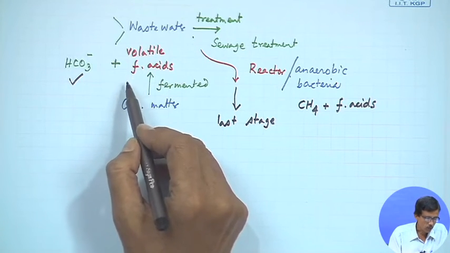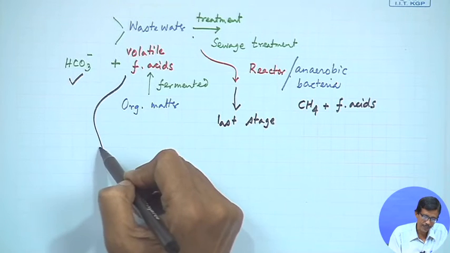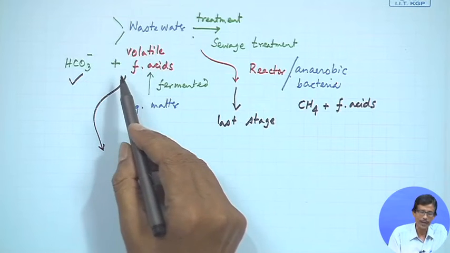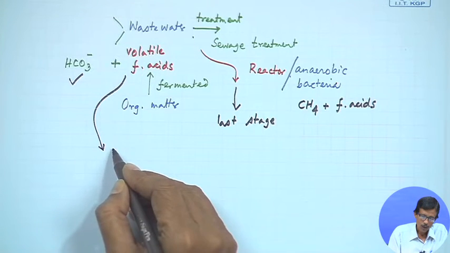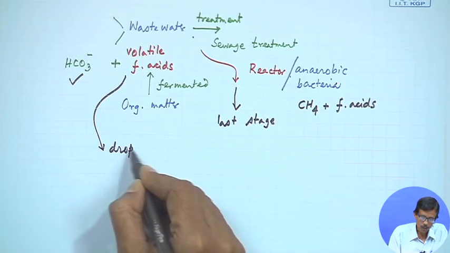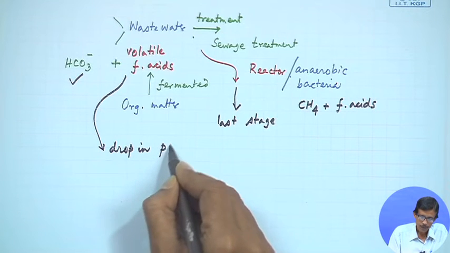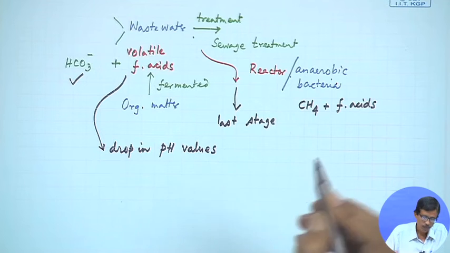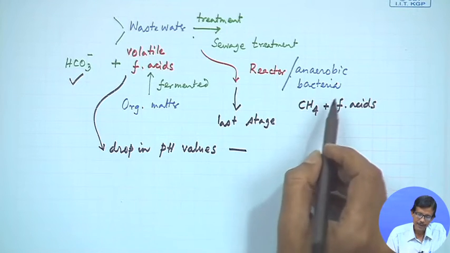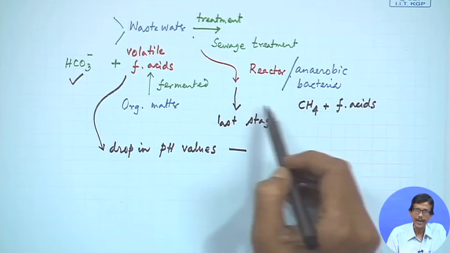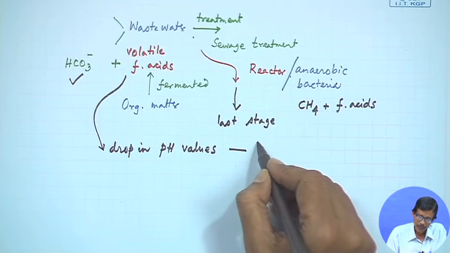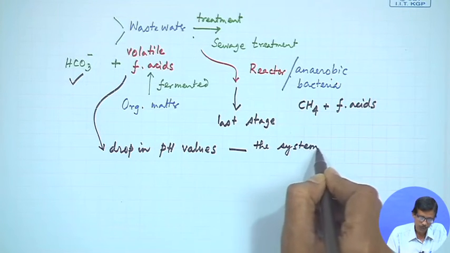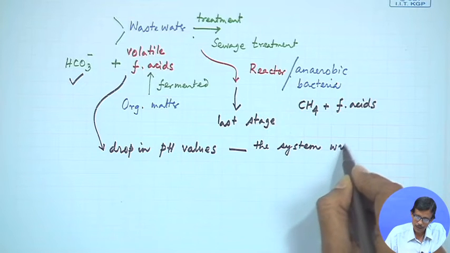The formation of a large amount of volatile fatty acid will cause a drop in pH values, and as a result the reaction in the reactor will fail.